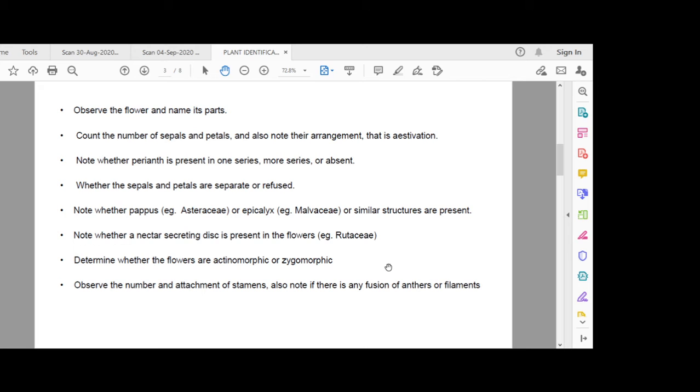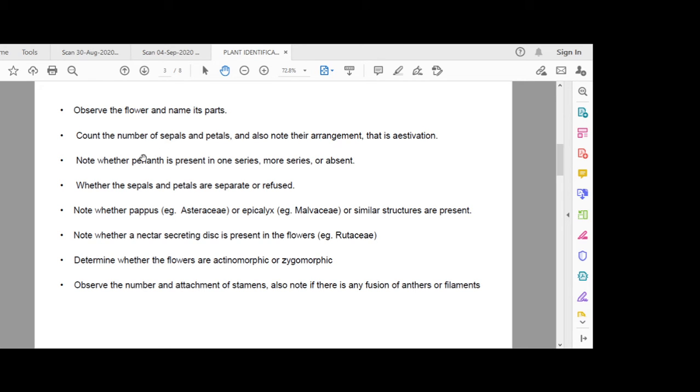Observe the flower and name its parts. Count the number of sepals and petals and also note their arrangement, that is aestivation. What type of aestivation is present, whether valvate, contorted, etc. Note whether the perianth is present in one series, more series, or absent.